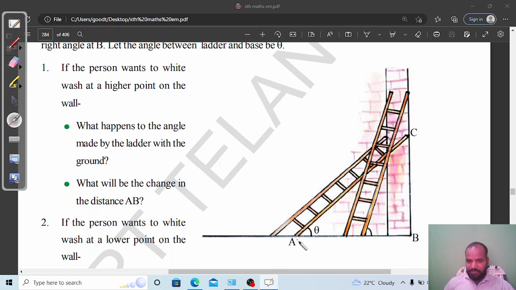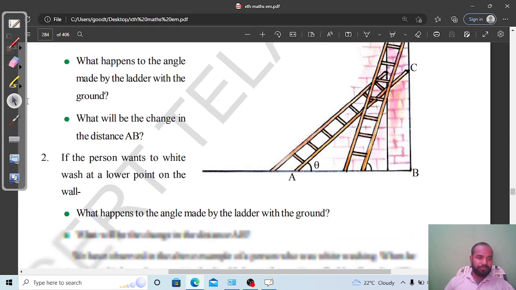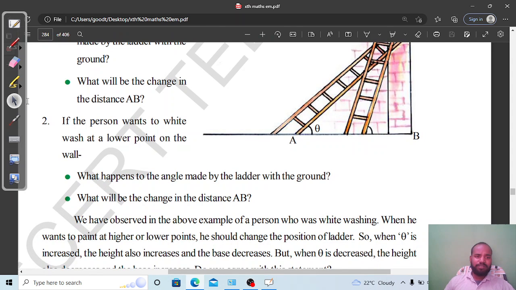The distance between A and B is increasing when the height is decreasing. When the height is increasing, the distance between A and B will be decreasing. We will observe from this point. Next, if the person wants to whitewash at a lower point on the wall, what happens to the angle made by the ladder with the ground?